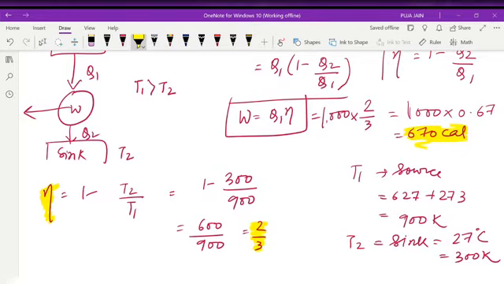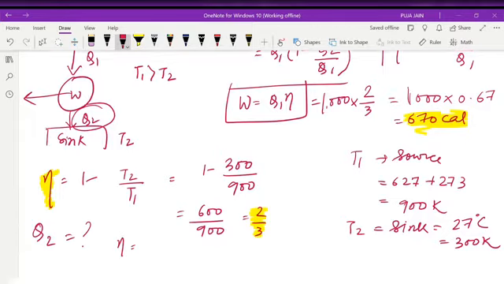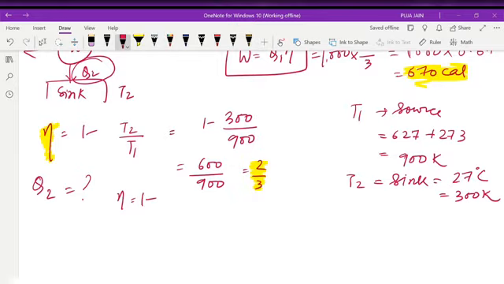And what they have asked is the heat rejected to the sink. Heat rejected to the sink is Q2. Which formula should we use? You can also use the eta formula: eta is equal to 1 minus Q2 by Q1.